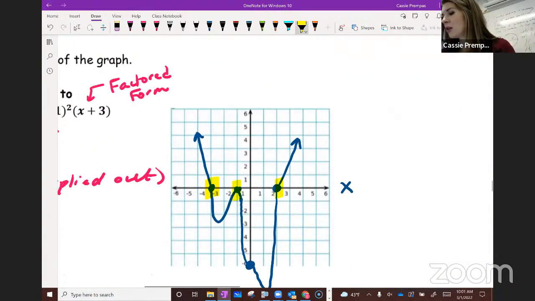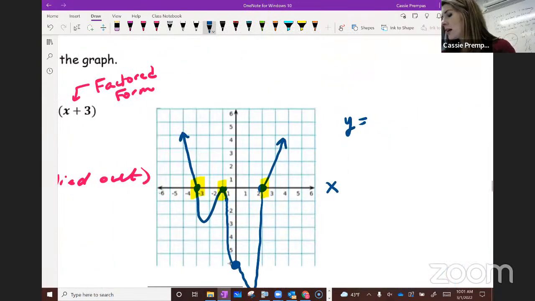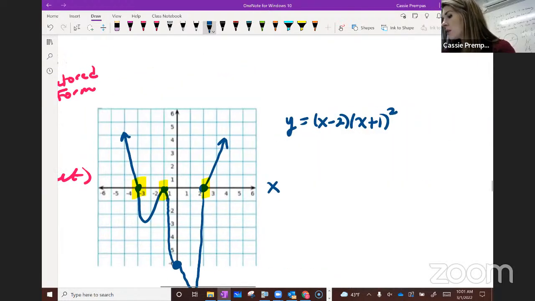To the right, I'm just going to recopy the equation. y is equal to quantity x minus 2 times quantity x plus 1 squared times quantity x plus 3. And I want you to think about this question: which 0 behaved differently?